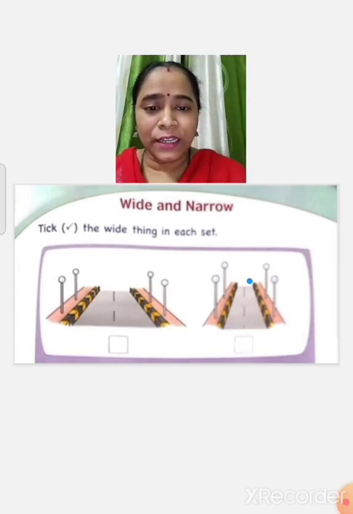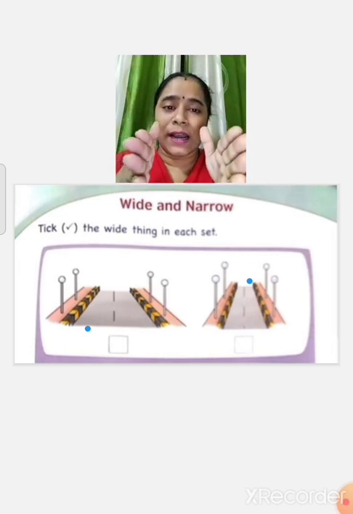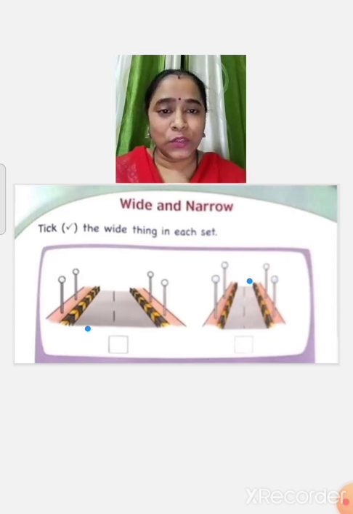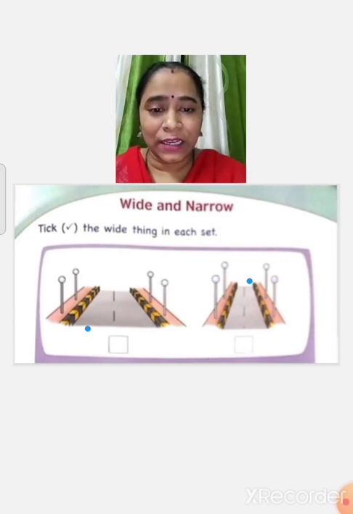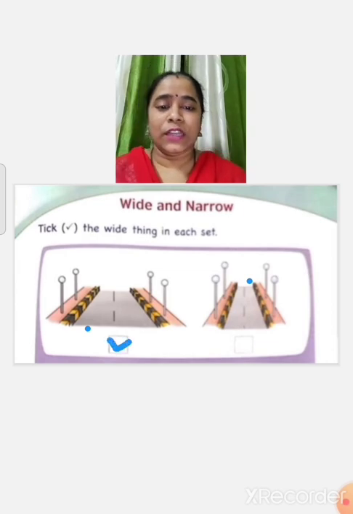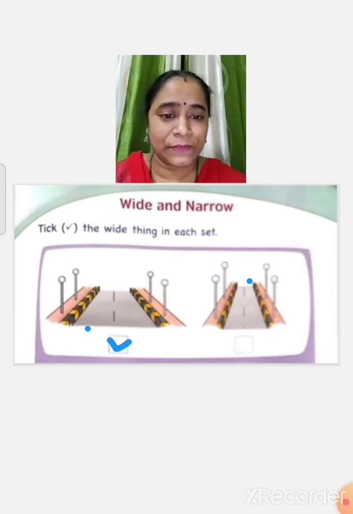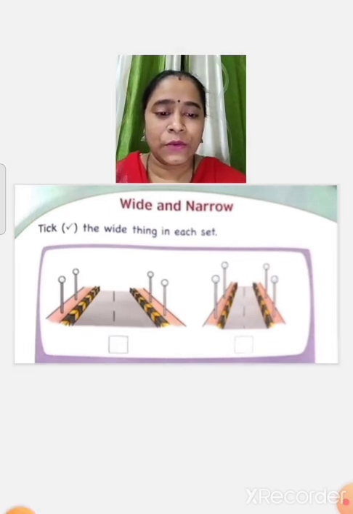Now children, we will see next one. Now tell me, this road is wide. Yes. This road is wide. So we are going to tick on this. Okay. So this road is wide. So tick in the box. Okay children. Now next.